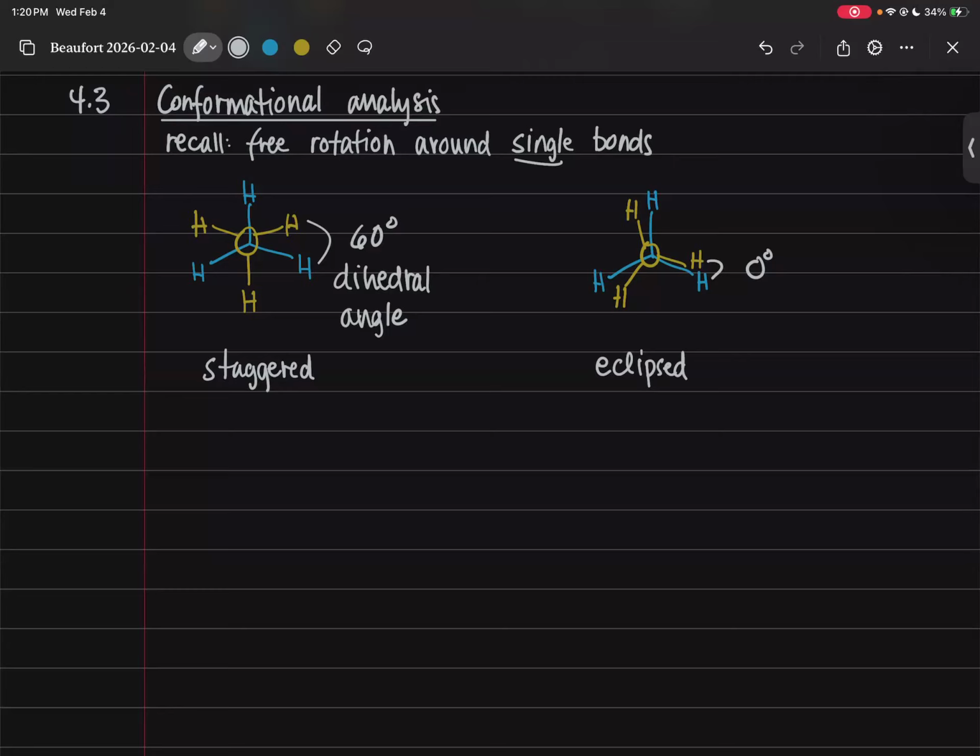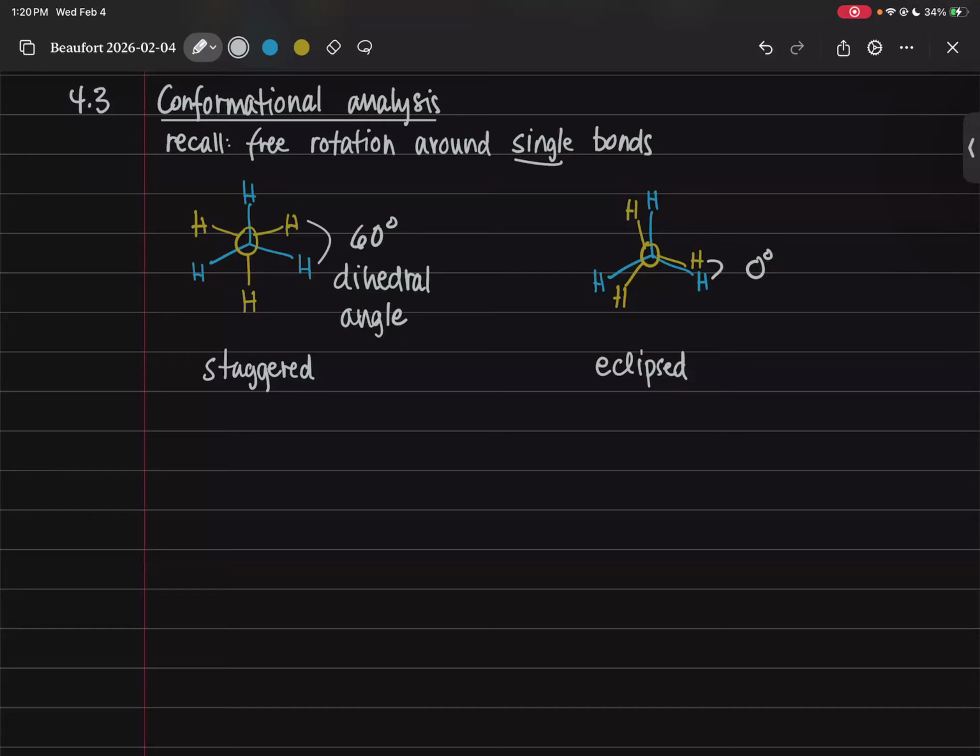Okay, so if we look at these 2 carbons as substituents on the top here, if they're eclipsed, there's a certain distance between the 2 carbon atoms, like this distance. If we stagger, like so, that distance is a little bit longer, right? Because we've just moved it to the side a little bit.